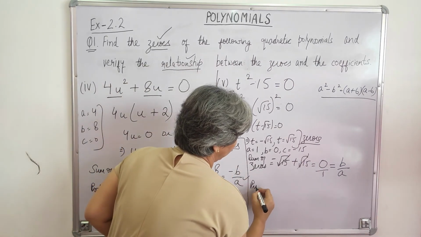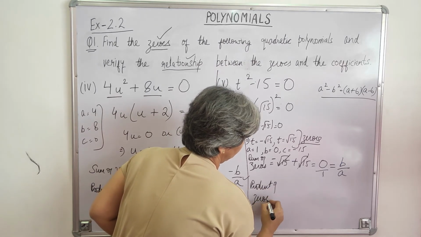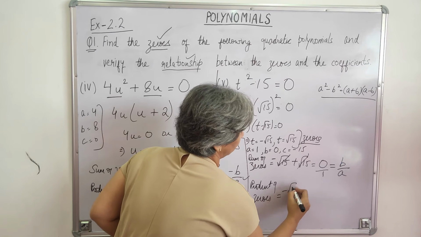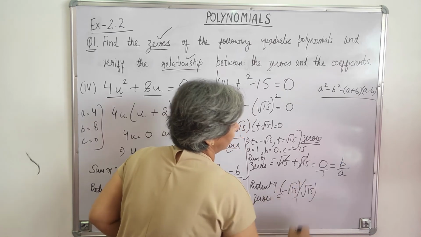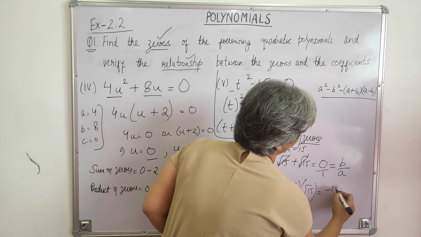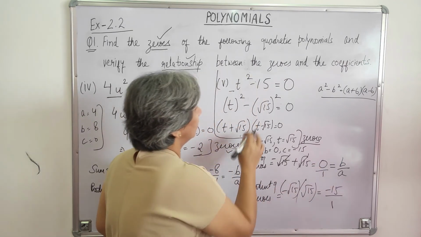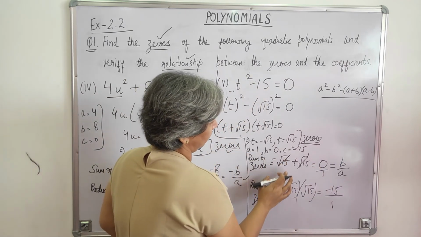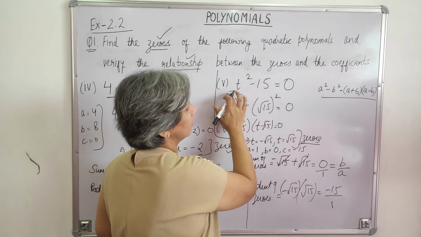And then product of zeros, minus root 15 into root 15, right? So this will come as minus 15 by 1. My c is minus 15 and a is 1.